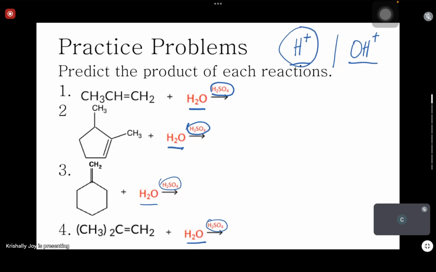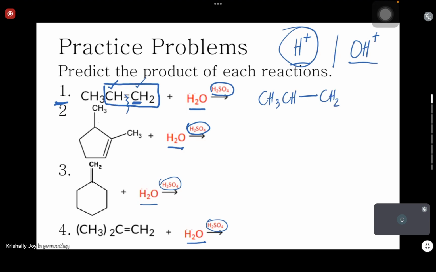Okay? Sige, let's have this. Number 1. Hydration. Tingnan between these two carbon ang more hydrogen. Between the two carbon, itong nasa right side ang more hydrogen. So meaning to say, after we break the pi bond, i-break na to ang pi bond. So mayroon siyang CH3, then CH, then single bond, CH2.